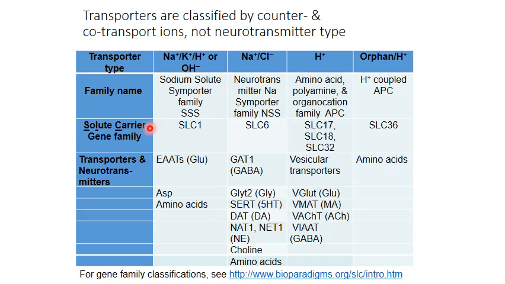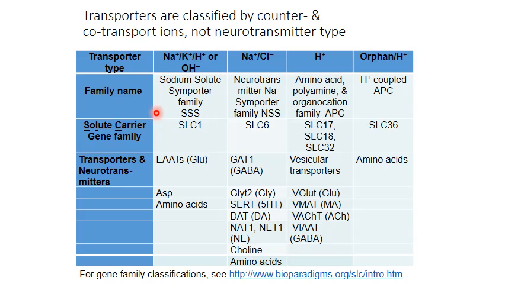So we're principally looking here at the SLC1, SLC6, etc. subclasses in that family. So what are the major transporters and which neurotransmitters do they transport?